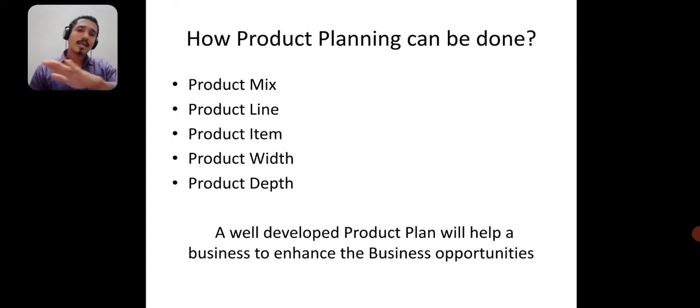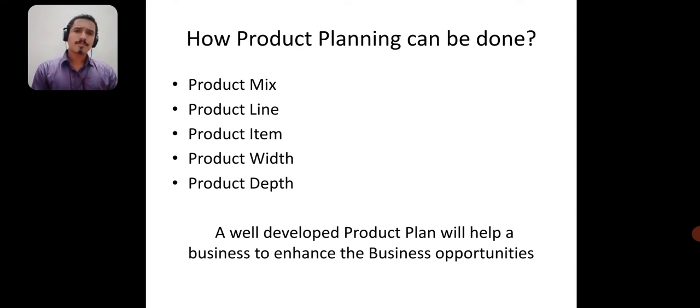So it may be products that are sold in one line. It might be different forms of product which are sold in a similar line of products. Product item: a special model, brand, or size of a product within a product line.